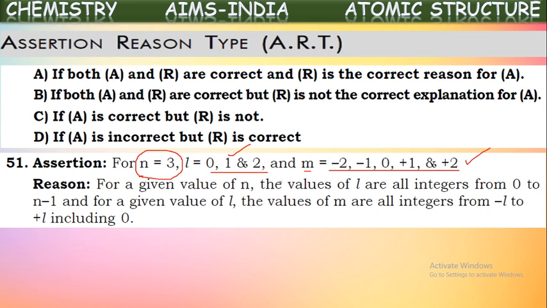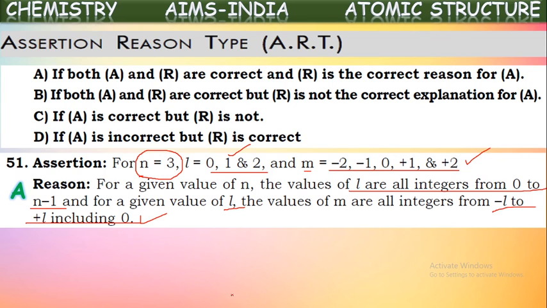Actually, it is the correct reason why these values are given. And for a given value of L, m values are from minus L to plus L including 0. So assertion and reason both are correct, and reason is the correct explanation. So where is the correct answer now?